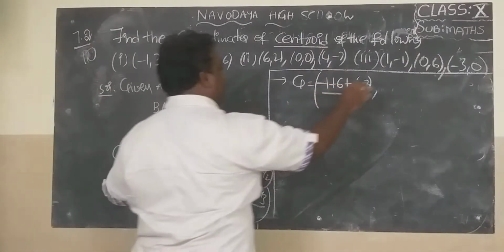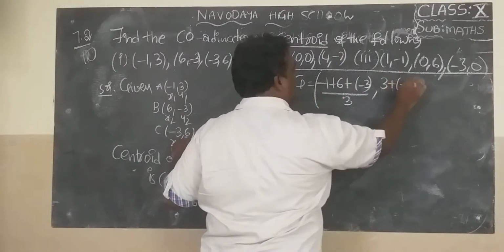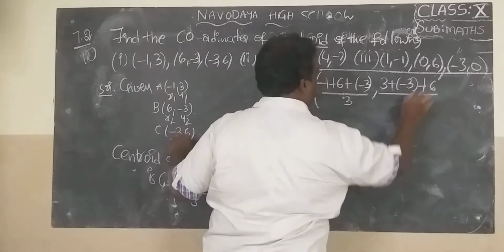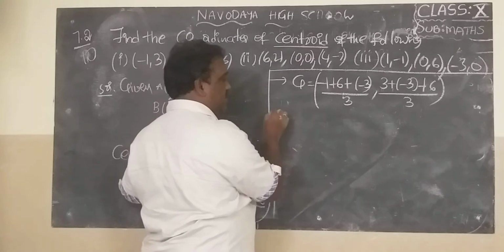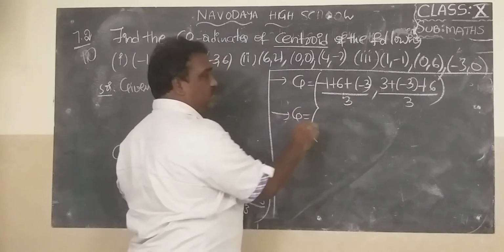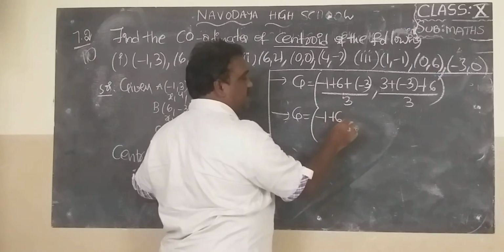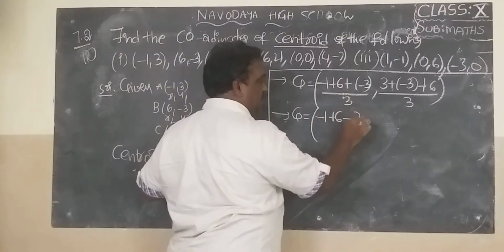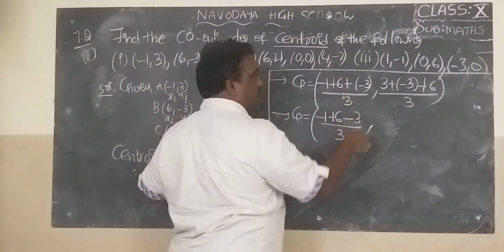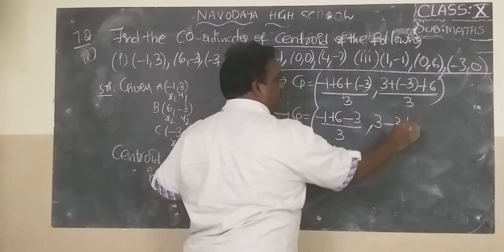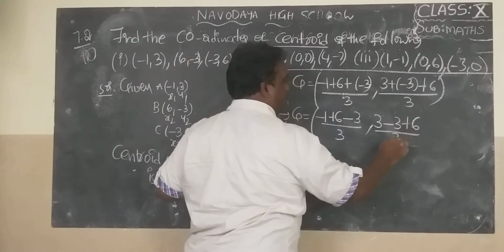So 3 plus minus 3 plus 6, by 3. Then G equal to minus 1 plus 6 minus 3 by 3, comma 3 minus 3 plus 6 by 3.